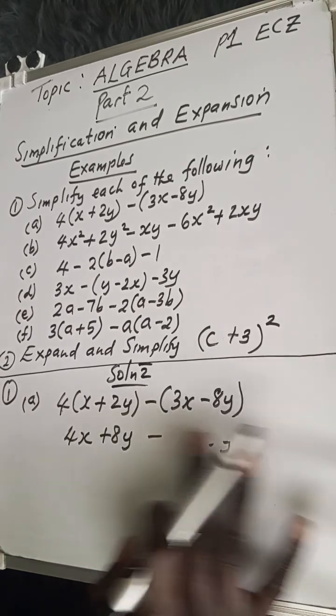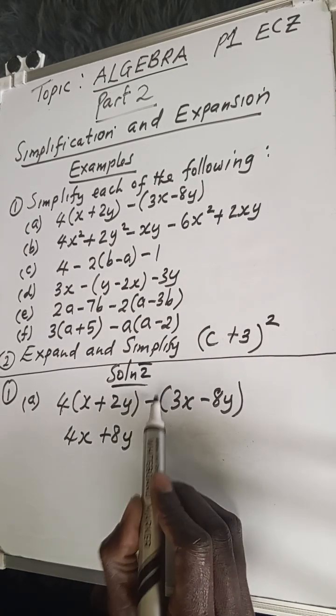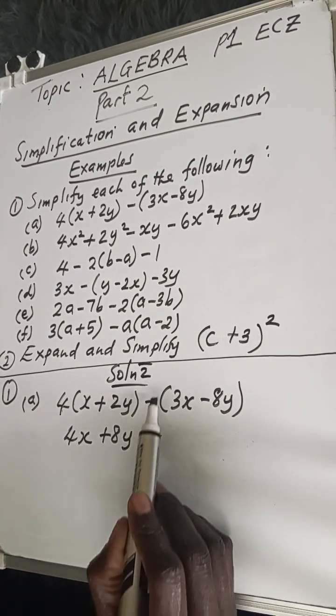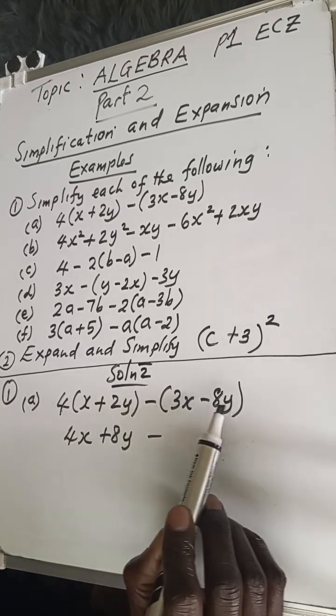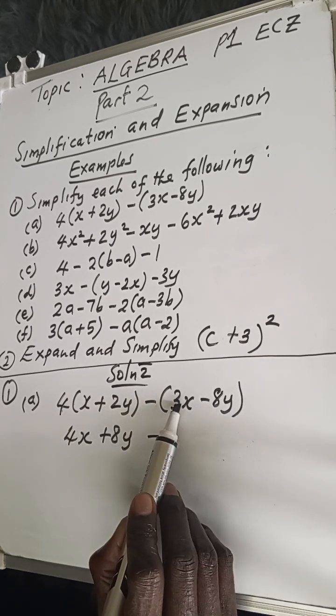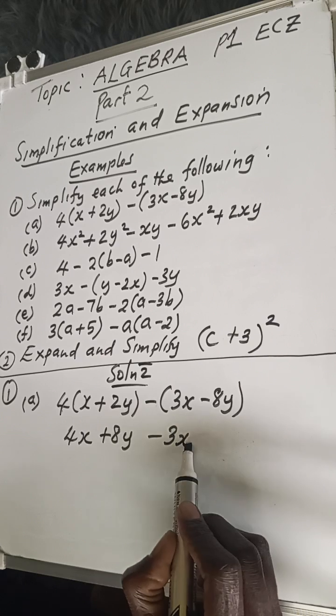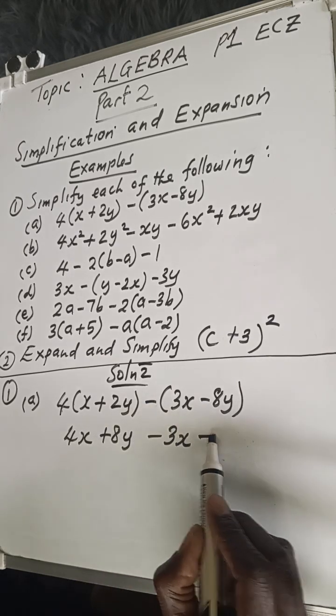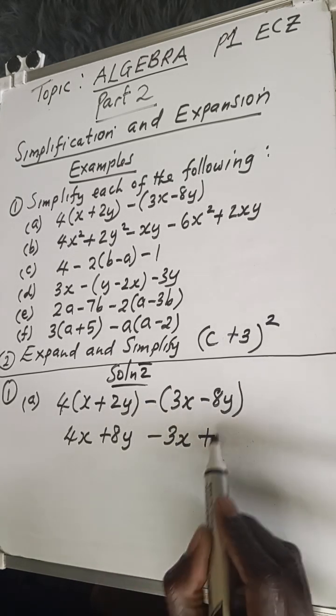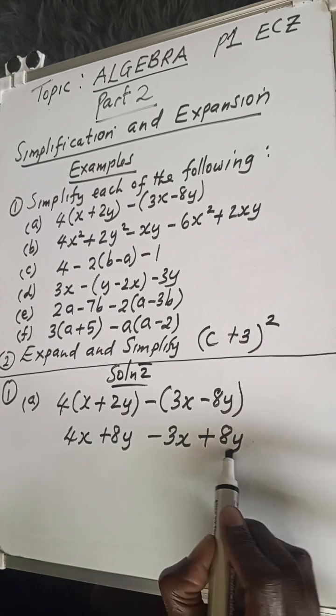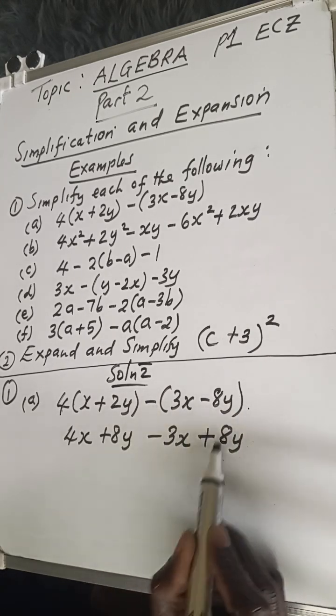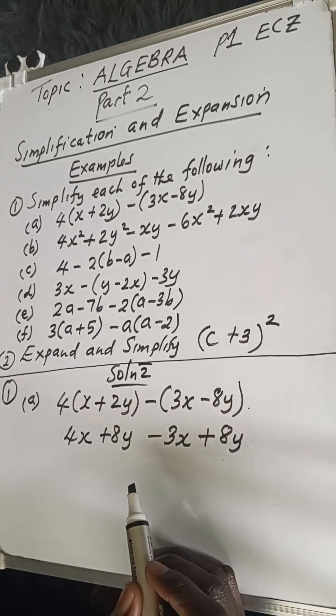That is wrong when you write it like that. Remember, there's a 1 here outside of the bracket, so this negative should be multiplied by each of those. So negative times 3x will give you negative 3x. Negative times negative, the sign will change. You can see that it now becomes positive 8y. So if you don't multiply, the sign will not change, and what you'll be doing is going to be wrong.